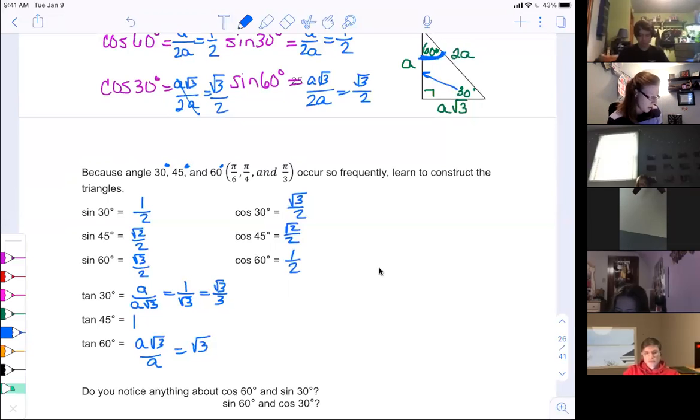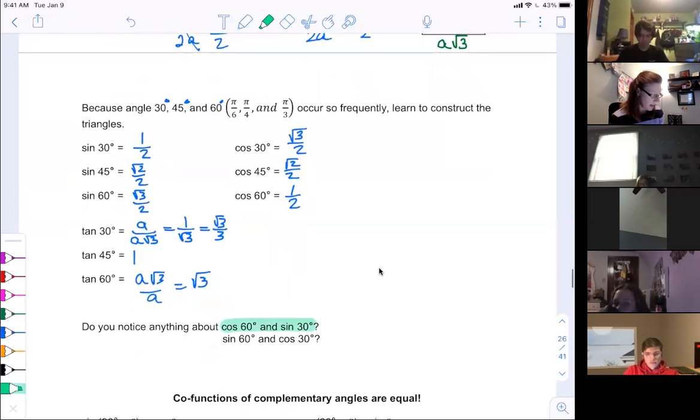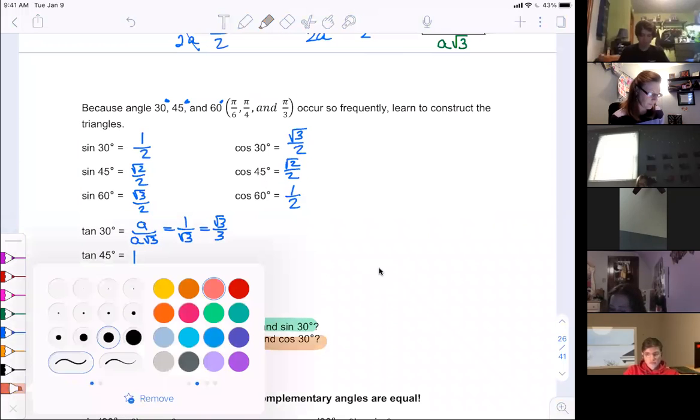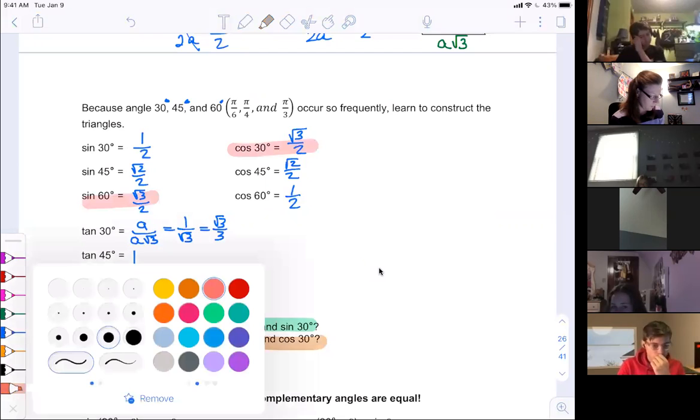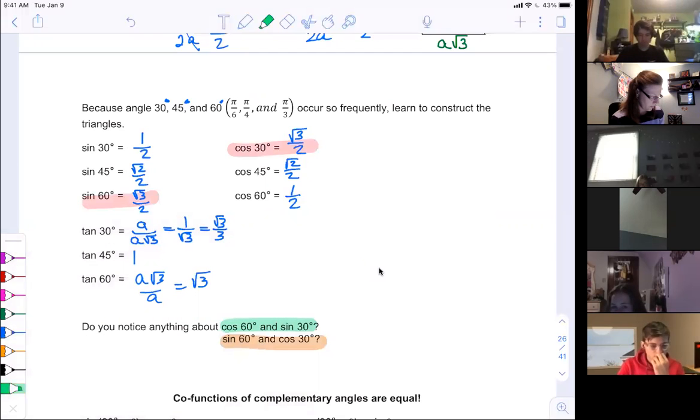So the last little thing on this page is to get you to recognize a relationship between the cosine of 60 degrees and the sine of 30, and the sine of 60 degrees and the cosine of 30. So if I look at those, the sine of 60, cosine 30, cosine 60, sine 30.